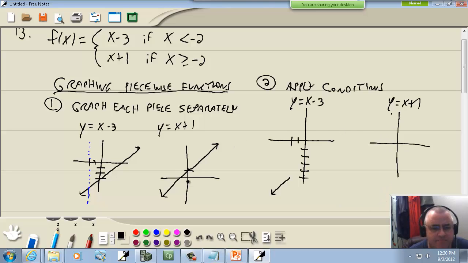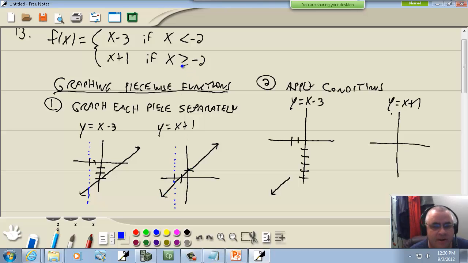Okay, now this other one. This is true when x is greater than or equal to negative 2. So again, same type of thing. I go to where negative 2 is, and there's like an invisible line here, and I'm going to keep either the left side or the right side.